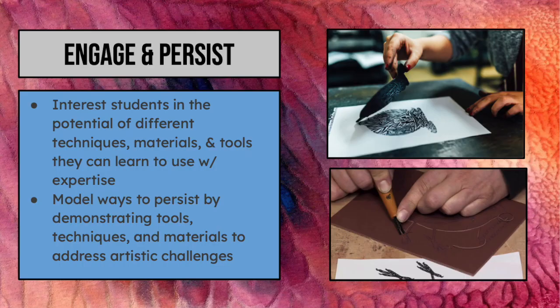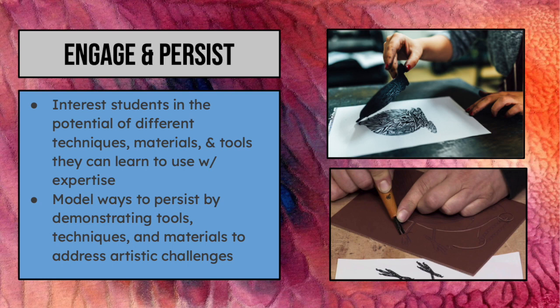Teachers engage students through demonstration lectures by interesting them in the potential of techniques, materials, and tools they can learn to use with expertise. For example, a teacher may show how working off the hump can allow the artist to create many small pieces without all the work of starting a new piece of clay each time.